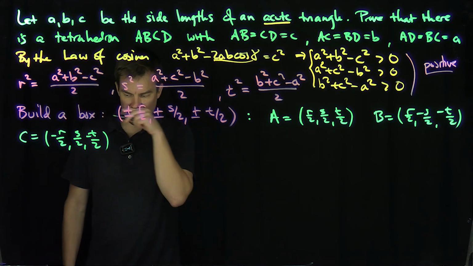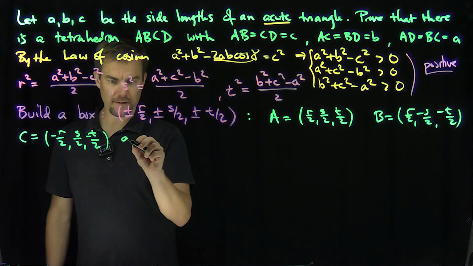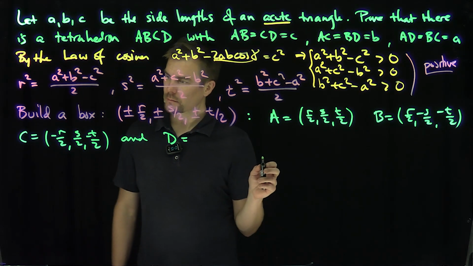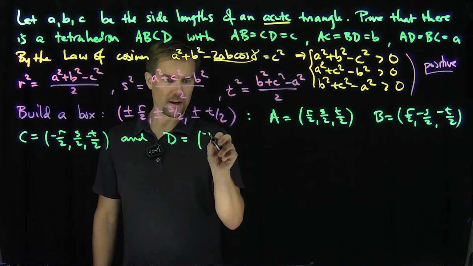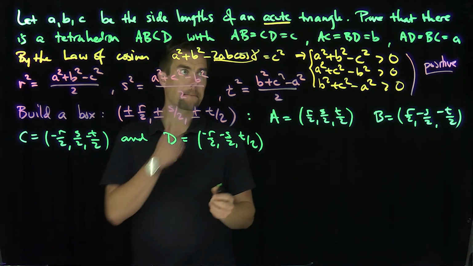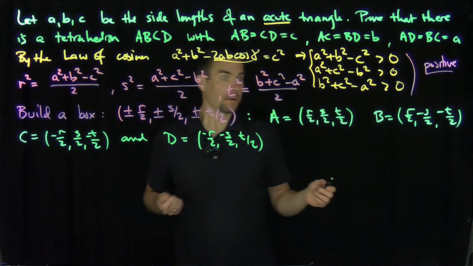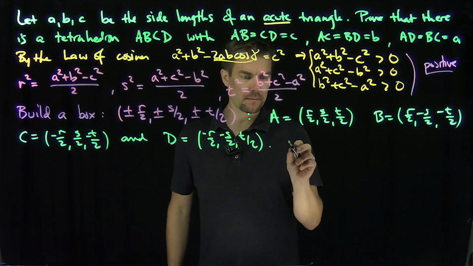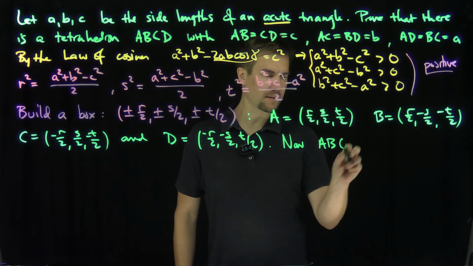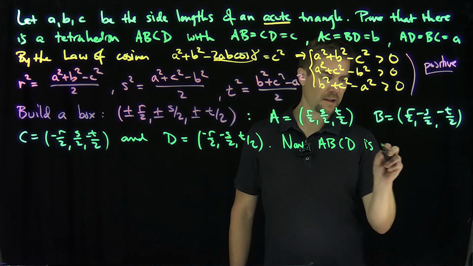And then finally D is going to be (negative r over 2, negative s over 2, t over 2), okay? So now ABCD is a tetrahedron.